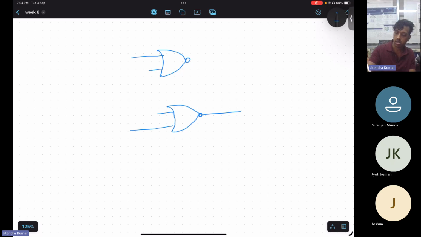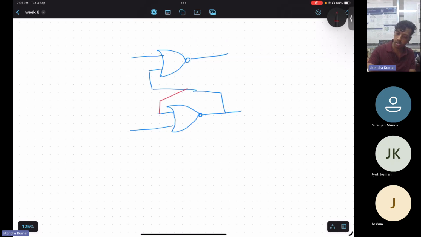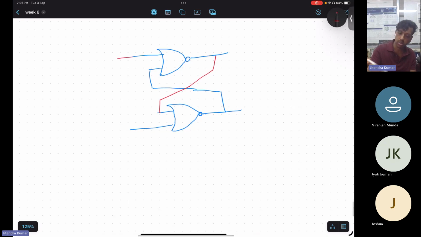This is SR flip-flop. These two are SR flip-flop. Now this input will be connected to one AND gate. So it will be like this, and this AND gate will again have one input.